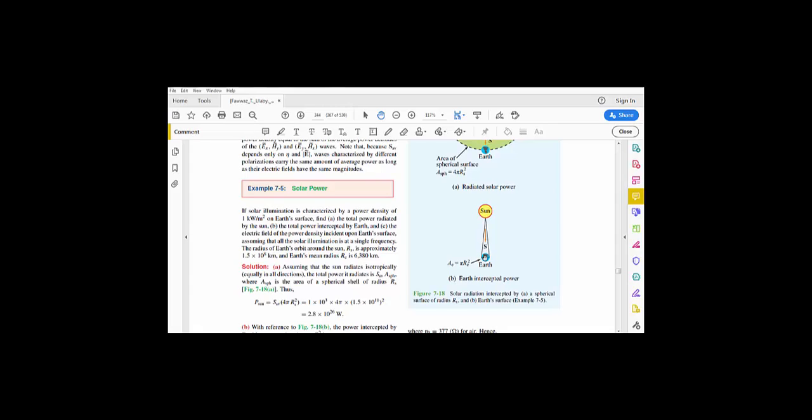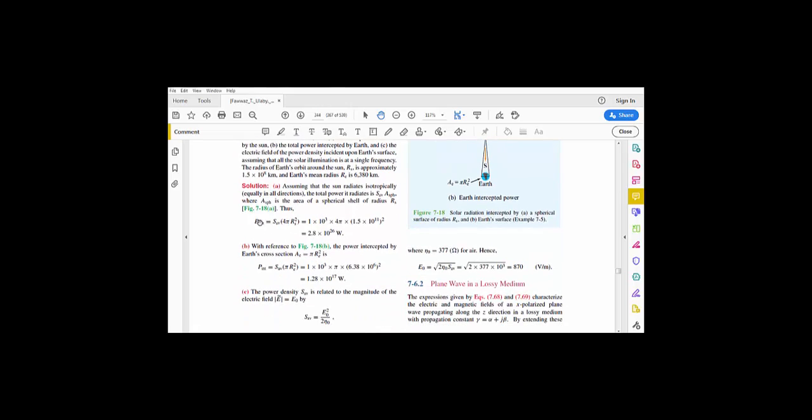So we could use this aperture area, the area of the cross section of the earth, and the power density from the sun, and calculate how much power will be incident on the earth.